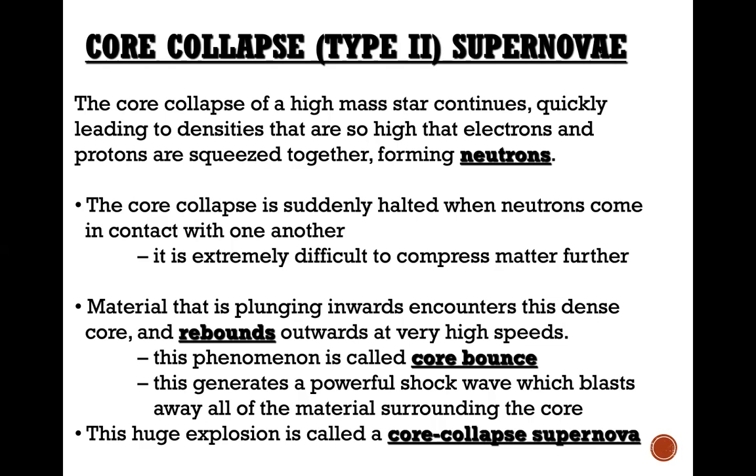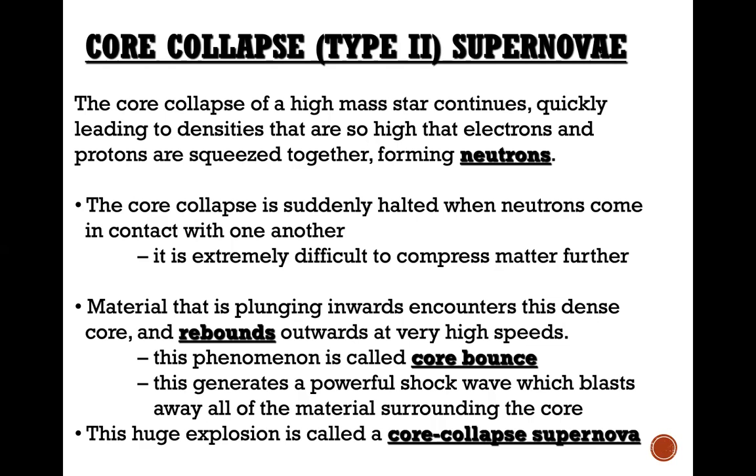At the end, you have a lot of neutrons after this star collapse, especially at the central region. And when the neutrons come into contact with each other, this makes something called neutron degenerate pressure, right?